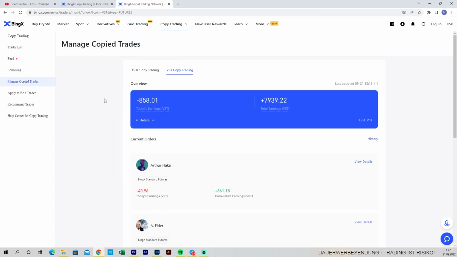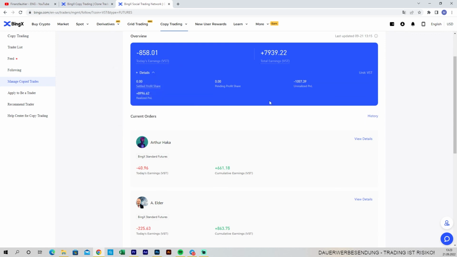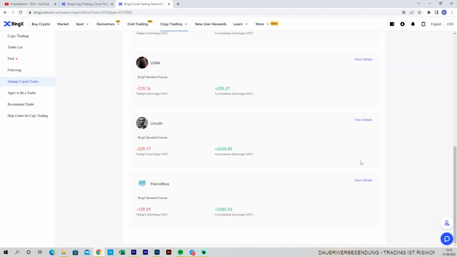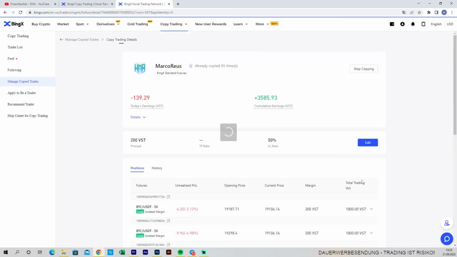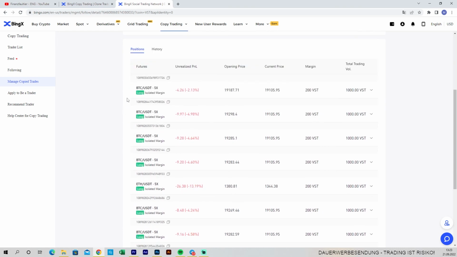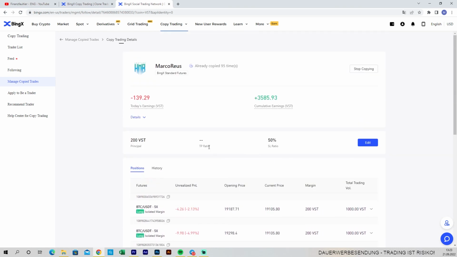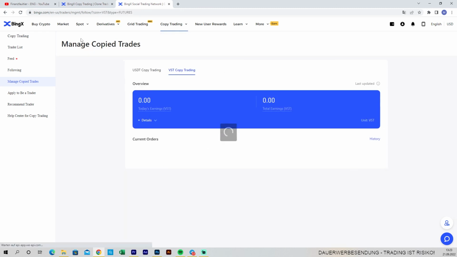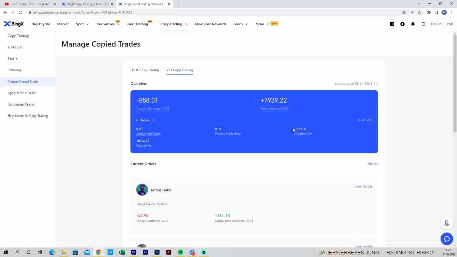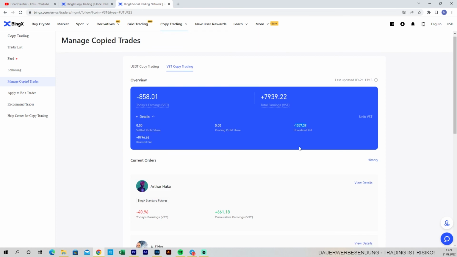And then you have your stats up here in the details, like all the trades they did. You can check out or use different setups. If you want to check Marco Reus again, you go to view details. You're back on his list, and you see all the trades he's opened right now. As I said, there are a lot of trades right now in the minus. As we see right here, we have minus 1,000 unrealized profit and loss.